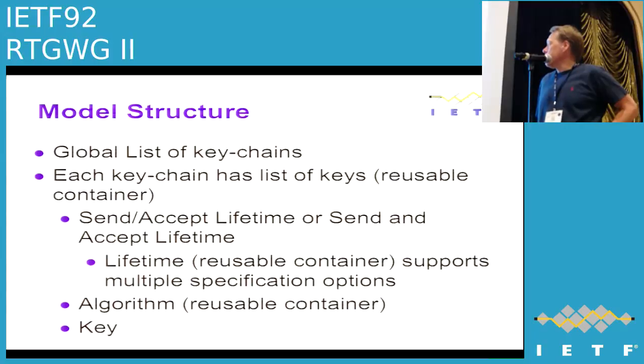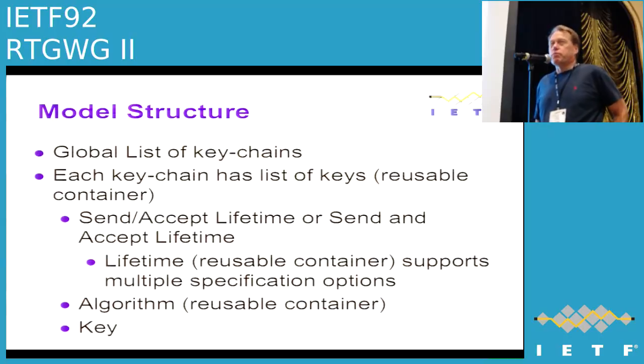We have a choice on that because some implementations supported one lifetime that was both send and accept, and another that supported a different lifetime for send and accept. And we made lifetime also a reusable container, just for modularity.